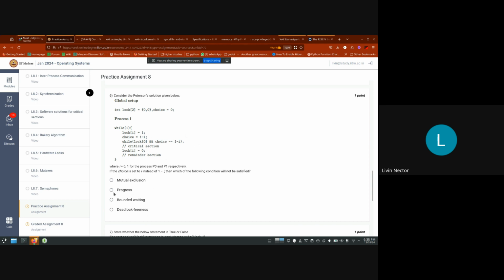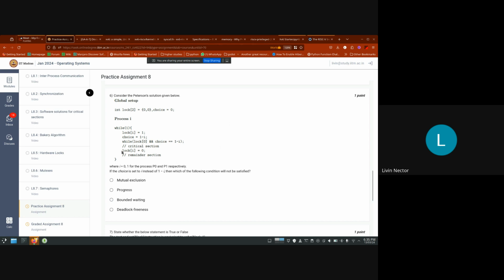And then let's think about progress and bounded waiting. In progress, if one process is in the remainder section, the next process should be able to go multiple times, right? So assume process 0 is in the remainder section. So now lock of 0 will be 0.